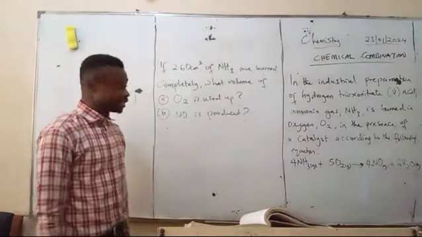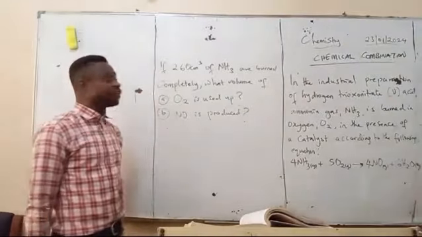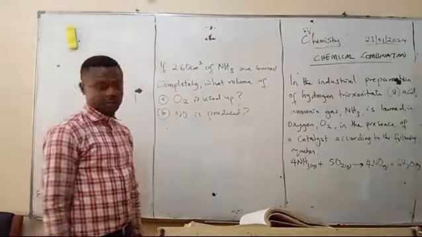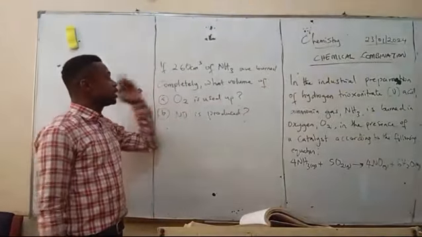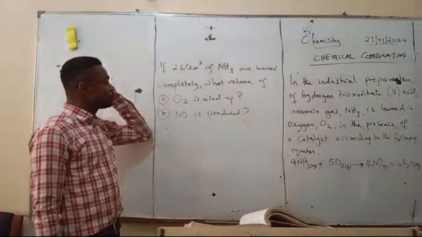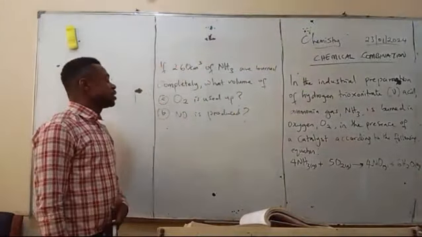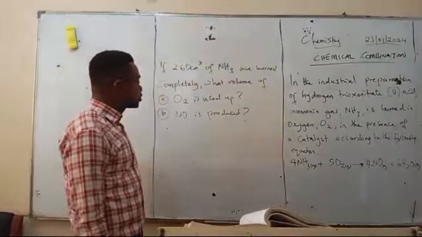The question now says, if 260 cm3 of ammonia are burned completely, are you with me? What volume of (a) oxygen is used up, (b) nitrogen(II) oxide is produced?